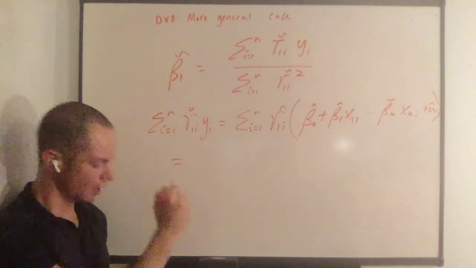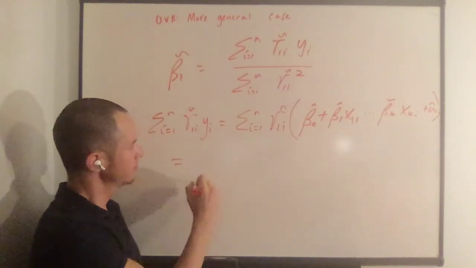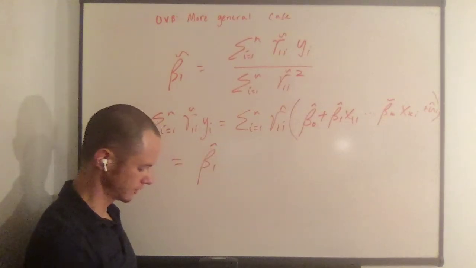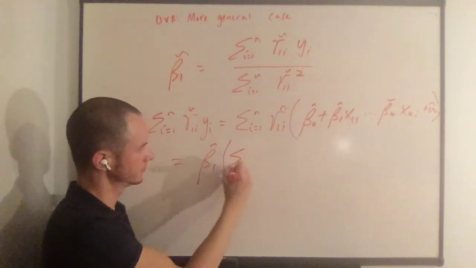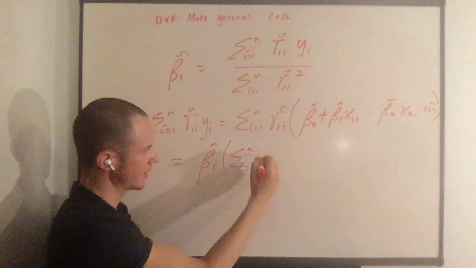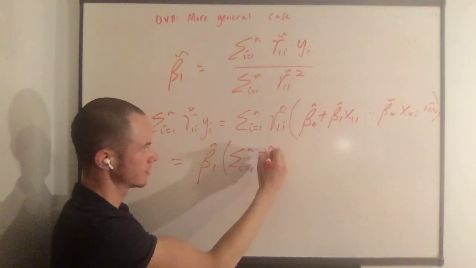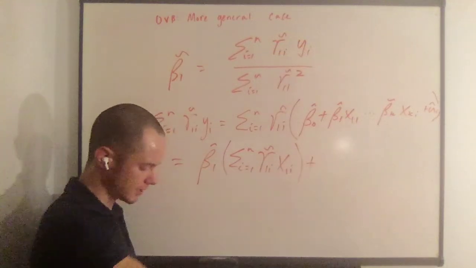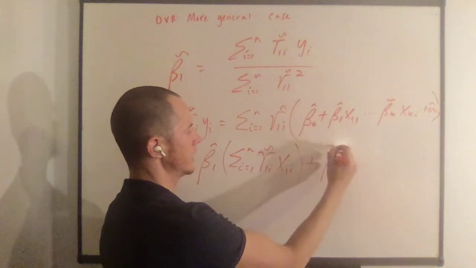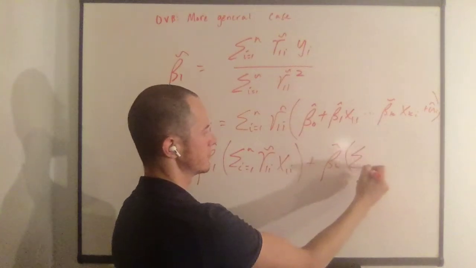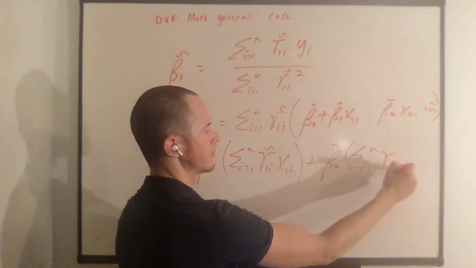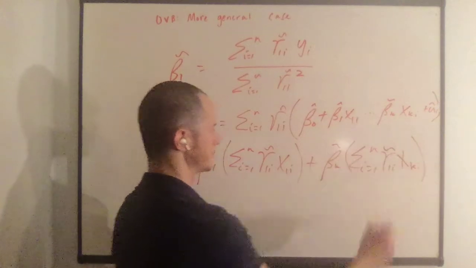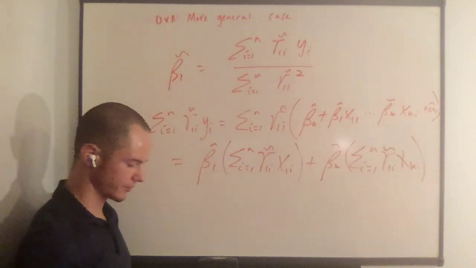So this numerator becomes beta 1 hat times the sum from i equals 1 to n of r1i tilde x1i plus beta k hat times the sum from i equals 1 to n of r1i tilde xki. So this is our numerator.